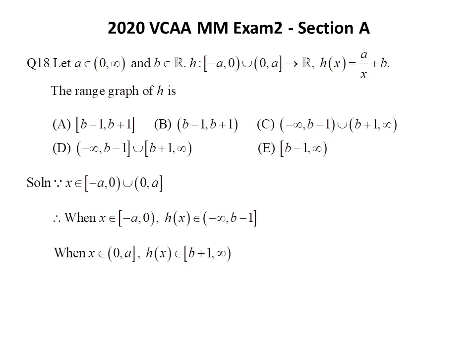While x is greater than 0 but less than or equal to a, h of x is greater than or equal to b plus 1. Hence, h of x is less than or equal to b minus 1 or greater than or equal to b plus 1. Accordingly, the answer for question 18 is D.